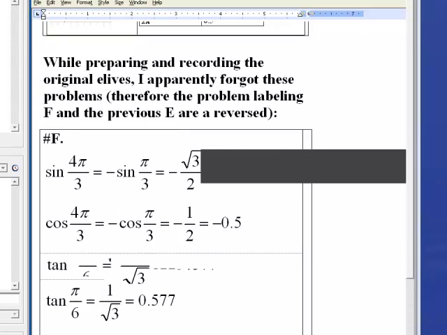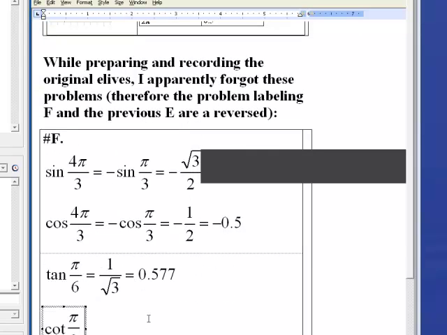And the last problem here, cotangent pi over 3, which is the same as 1 over the tangent of pi over 3.